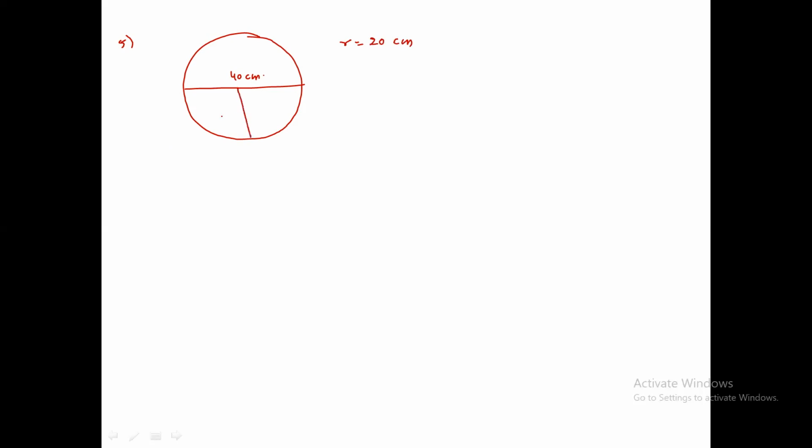The length of the chord, suppose this is the chord, is 20 centimeters. Find the length of the minor arc. That means you have to find this length.